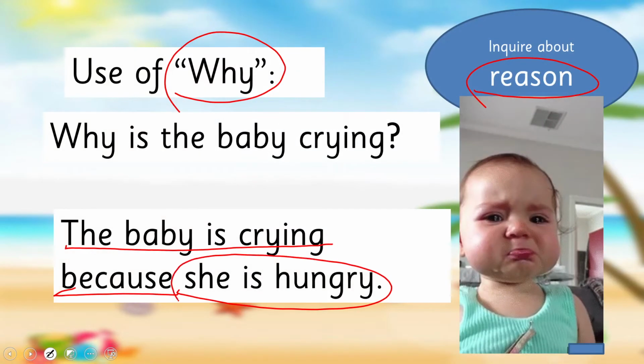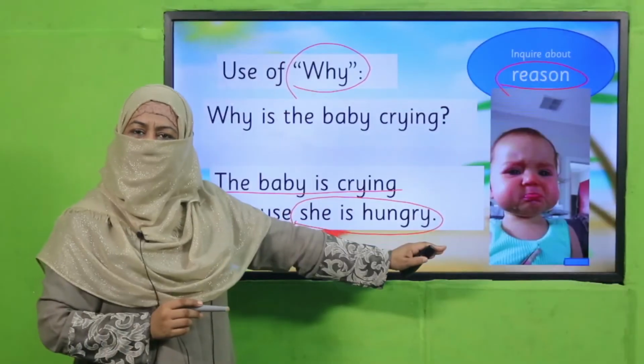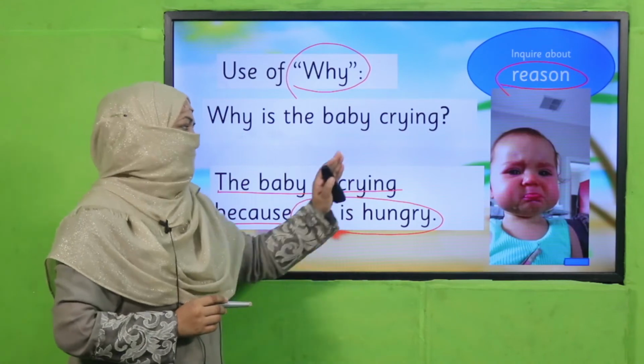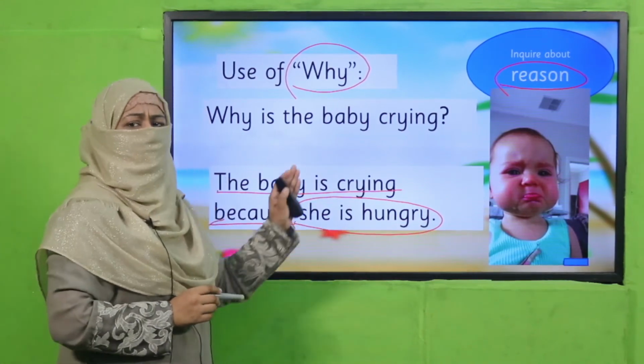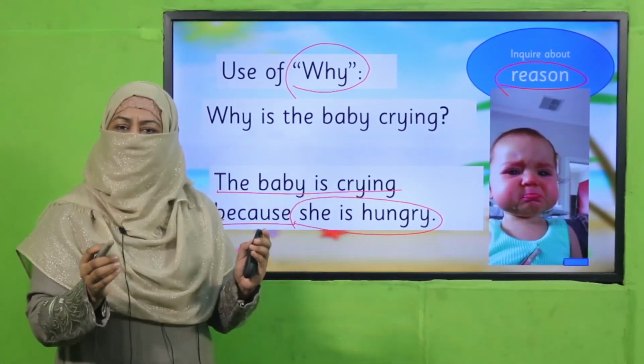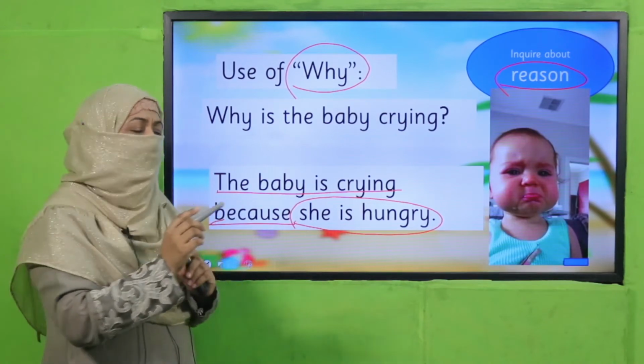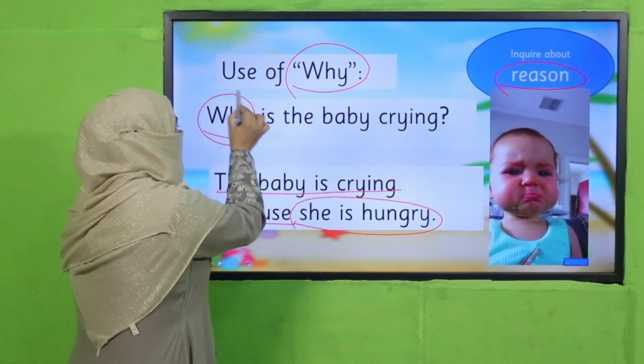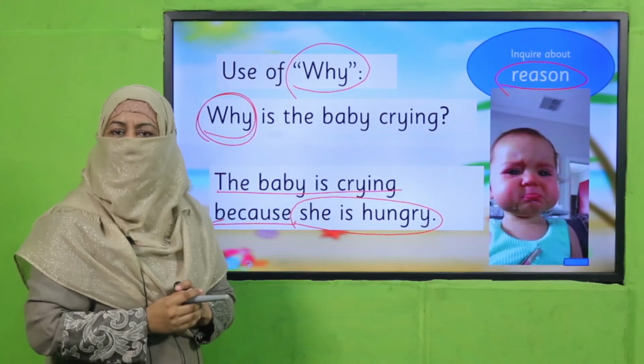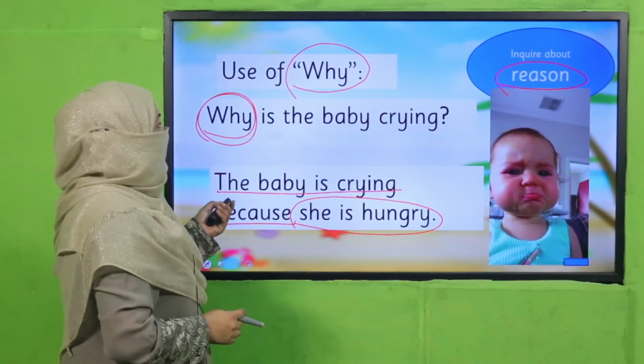This is the reason. So when you are being asked why, you will tell the reason. Because she's hungry, because she's sad, because she's not feeling well, whatever the reason. Whenever you are being asked why, you have to tell the reason, right?